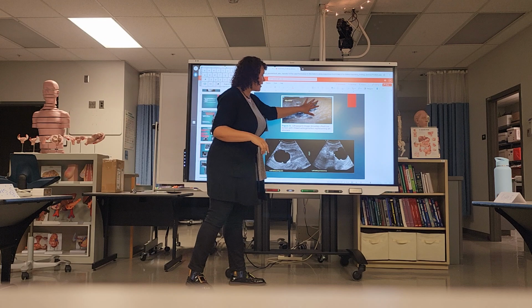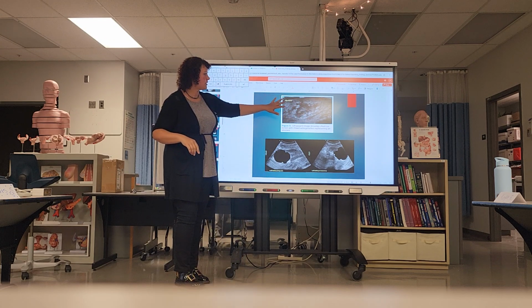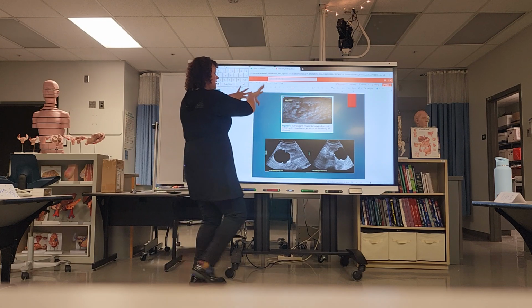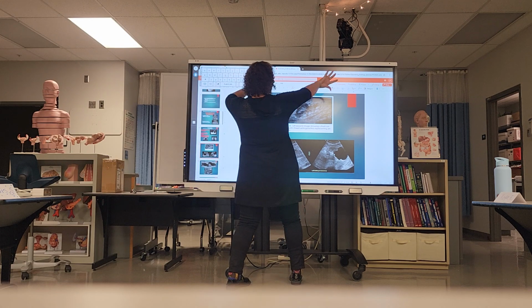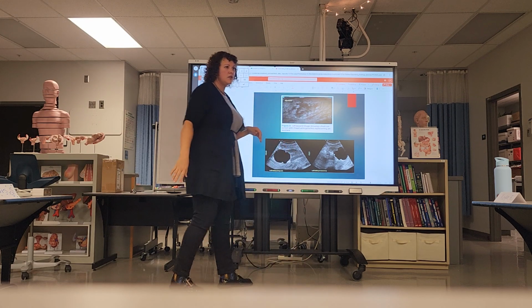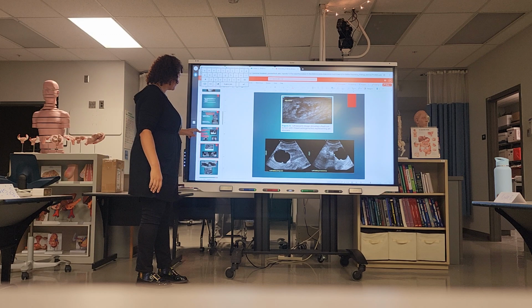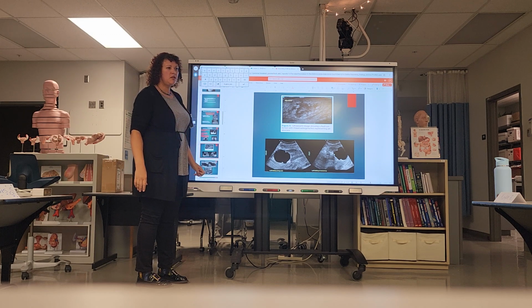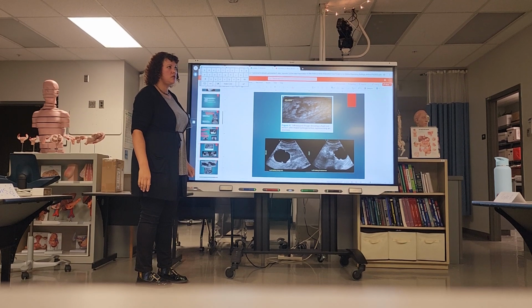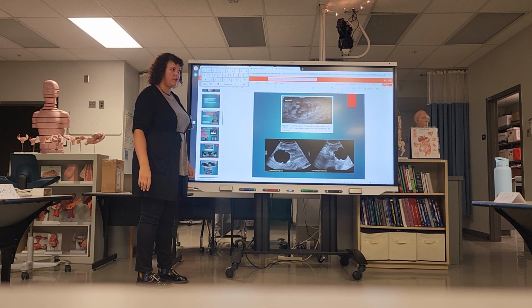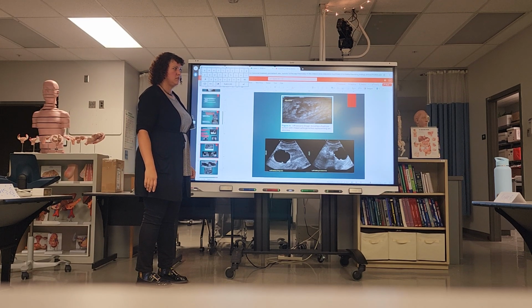With irregular fluid collections, such as an abscess, this nasty fluid can infiltrate into the tissues, and that's called a phlegmon. How do you spell that? Phlegmon. That's an interesting word.